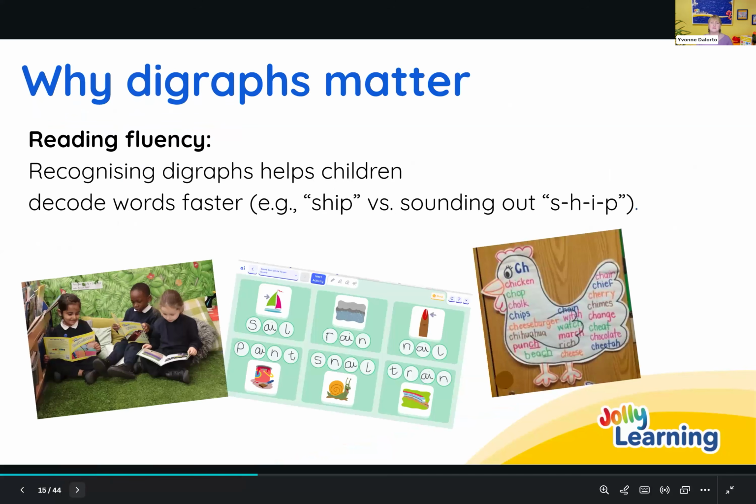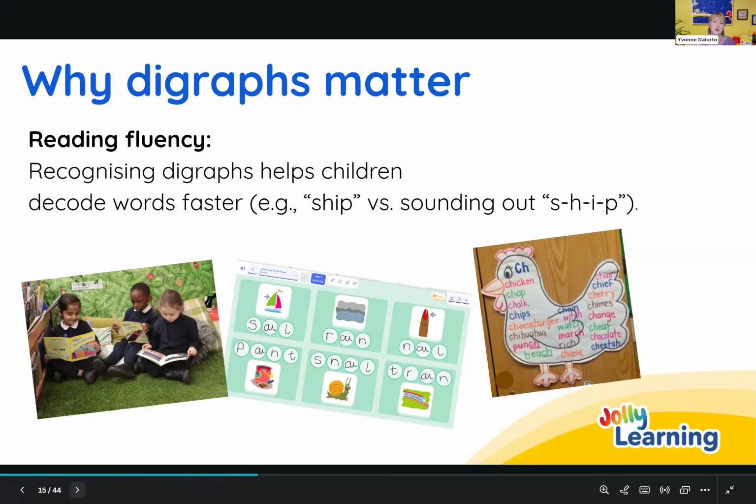So why do digraphs matter? Well, for one thing, how many words in English have you seen that have digraphs in them? They are familiar words, they're in common words, but more than anything, if we don't teach it correctly, it means that children are pausing to process every letter. We want them to be able to use things that we have in place, like the dots, to help them identify. But more than anything, it helps with reading fluency.